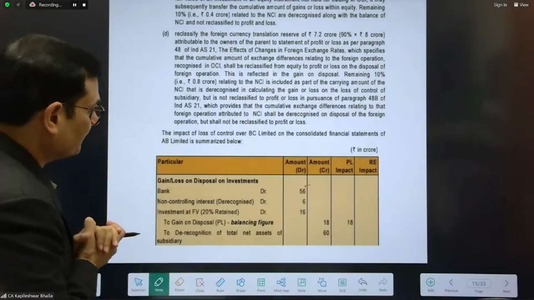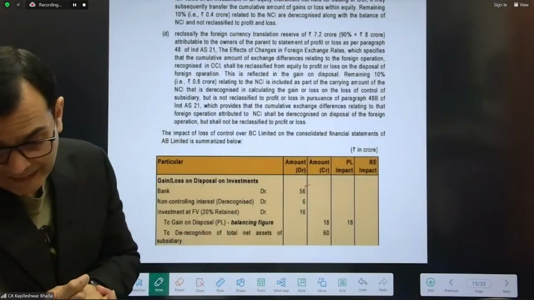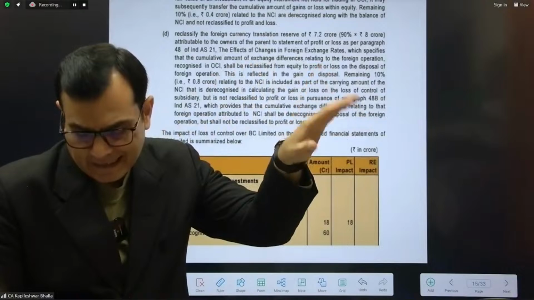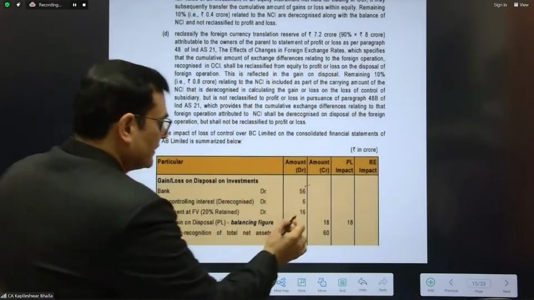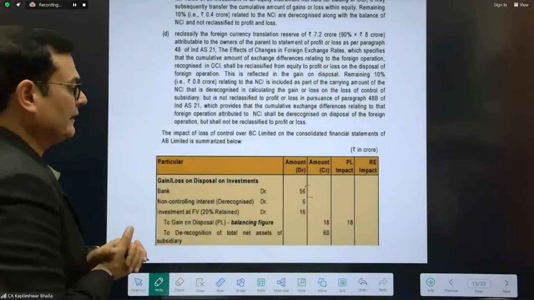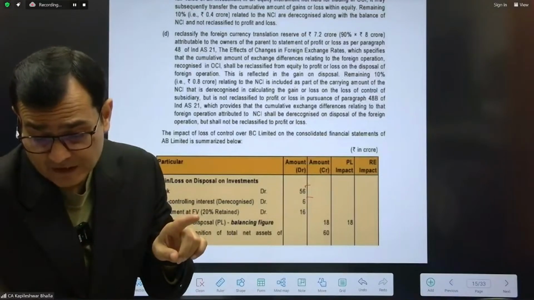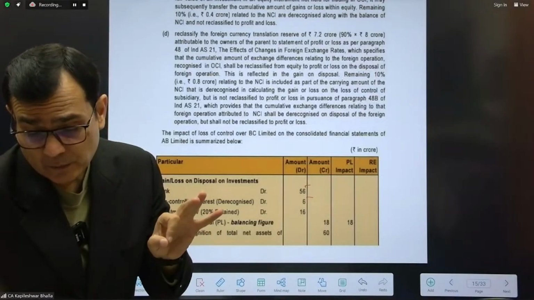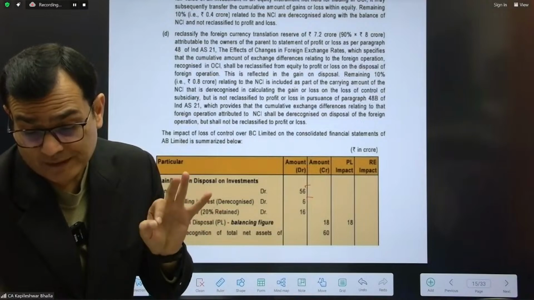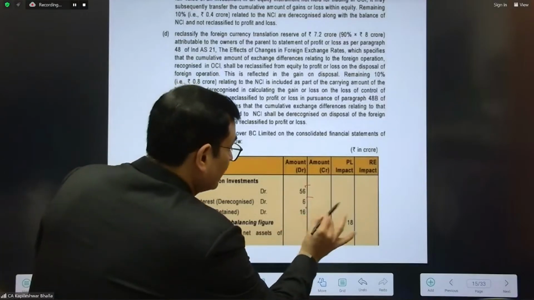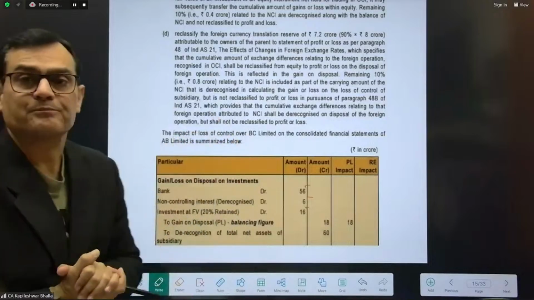Okay, then next, bank is recorded. As far as the NCI is concerned, at the end of the question, it says NCI on the date of disposal is 6 crores, derecognition of the NCI. Then as far as the fair value of the investments retained is concerned, on the date of disposal, the fair value of the investment retained is 16 crores, given in the question directly.